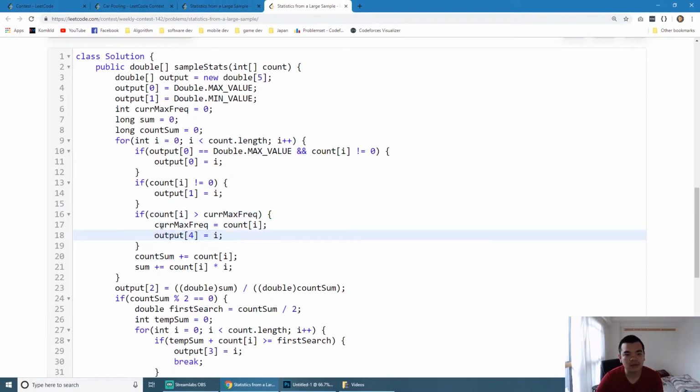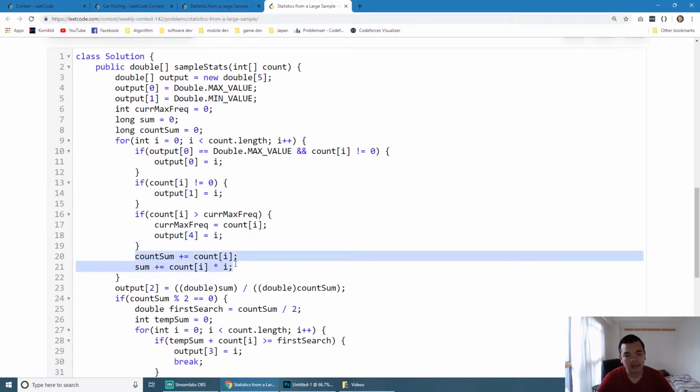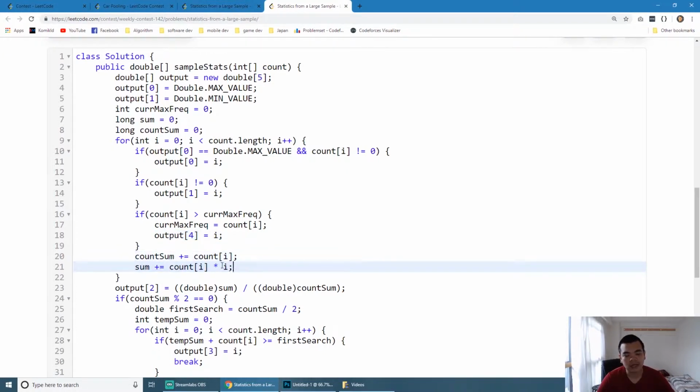So we keep updating the current max frequency that we meet, and if there is an element that is larger than our current maximum, we keep updating it and then update our mode value itself. And then count and sum.